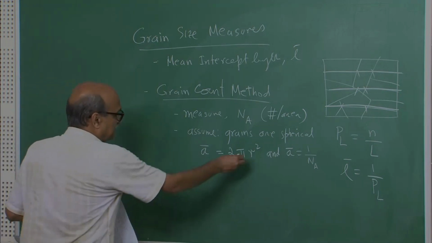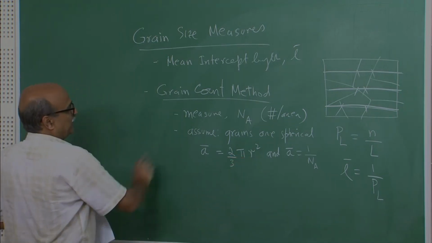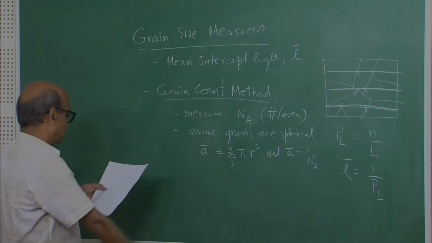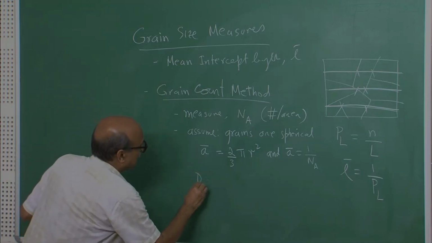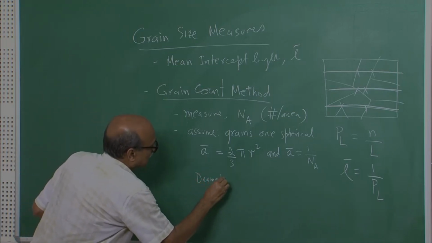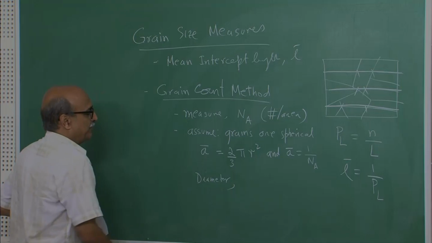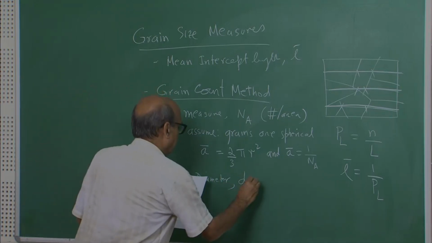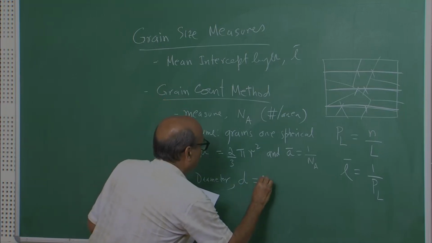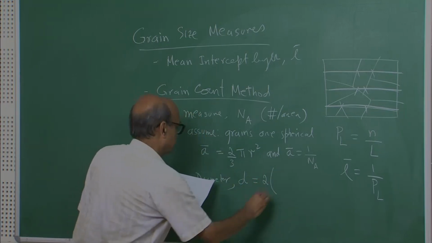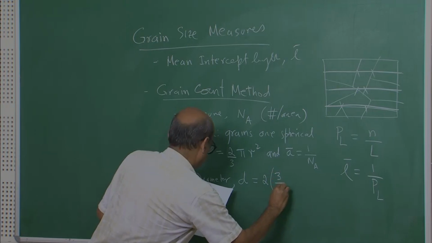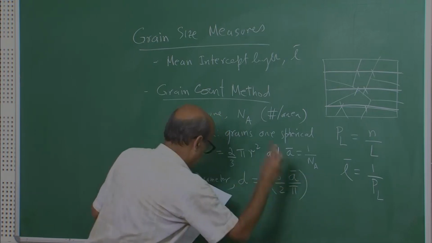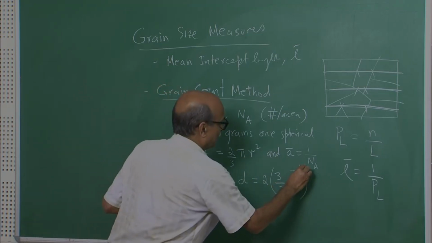Now, from this it is easy to go to the diameter of the grain. So, the size measure that I am using is the diameter. If I call that D, it is nothing but 2 times (3 by 2 A bar upon pi) to power half.